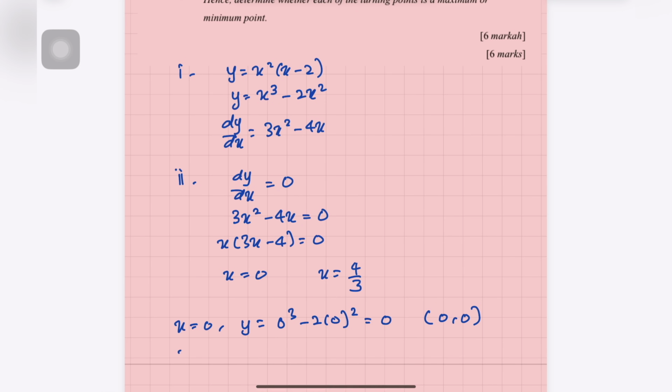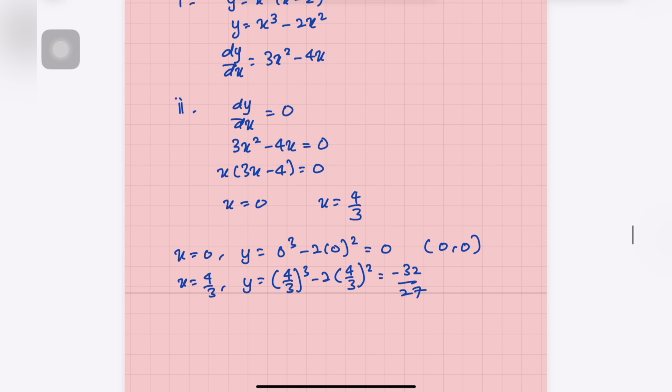Then for the other one, x equals 4 over 3. y equals (4 over 3) cubed minus 2 times (4 over 3) squared. So this one equals negative 32 over 27. So the coordinate is (4 over 3, negative 32 over 27).